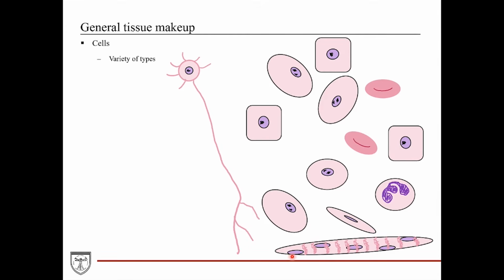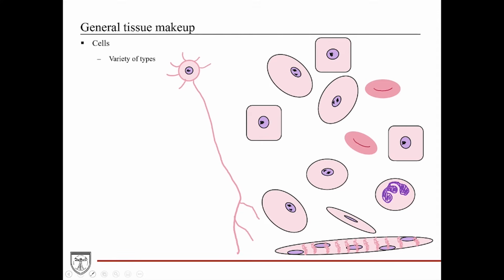We have cells that have fused their cytoplasm, so they're multinucleated and have intracellular mechanisms that allow them to contract and relax. And we also have cells that are really long, that have long cytoplasmic extensions that extend from the spinal cord all the way down to the muscles of our toes. So a wide variety of cell types make up our body and our tissues.